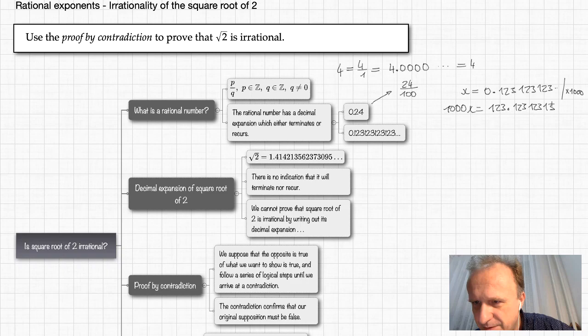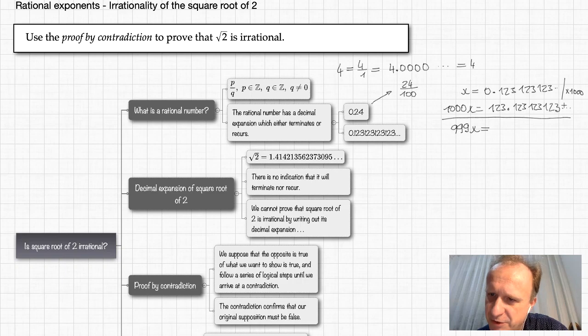And it continues forever. And if we subtract these, 1000x minus x, it would be 999x equals, and if we subtract these, the infinite decimal expansion cancels out, or it just disappears, and what I get is 123, and hence x is a fraction 123 divided by 999. So this was our proof in previous years to show that numbers with recurring decimal expansion are actually fractions or rational numbers.